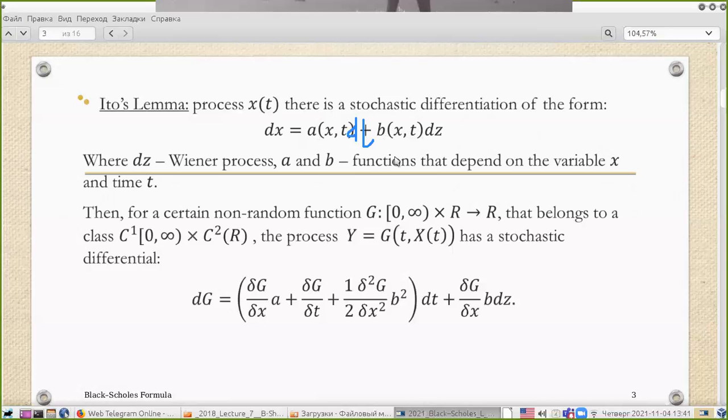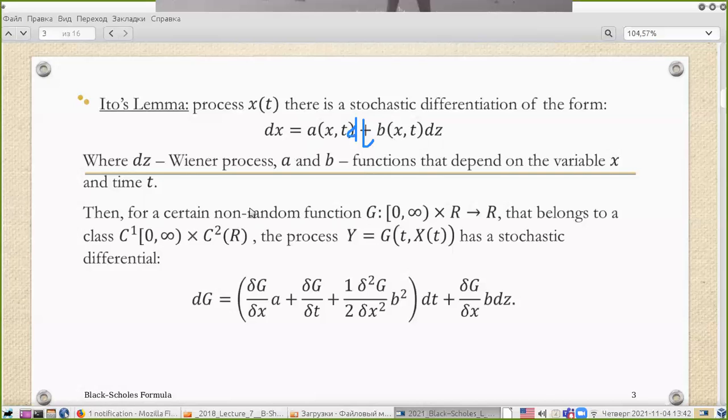But if we have this second term, it is a stochastic differential equation, and a stochastic differential equation requires stochastic calculus. This function a we can call the trend function or drift function, and this function b is the diffusion coefficient.